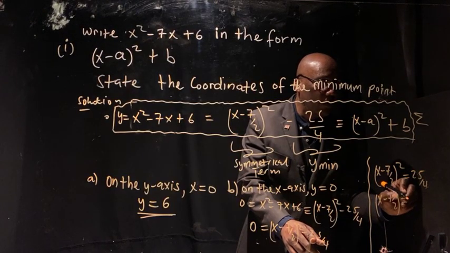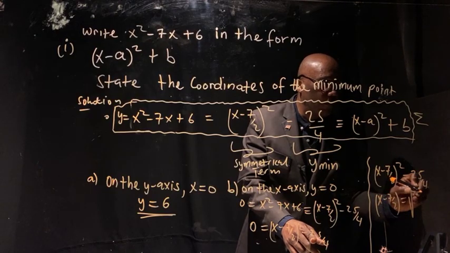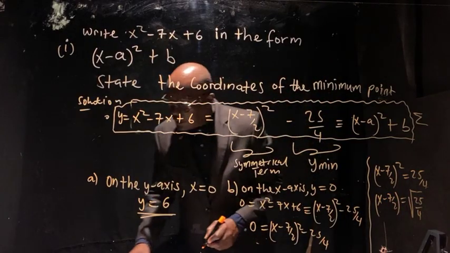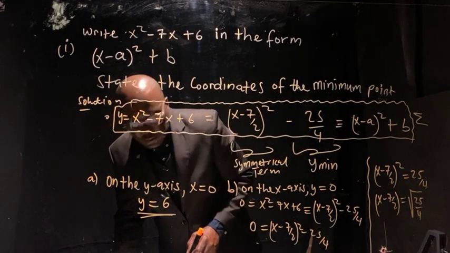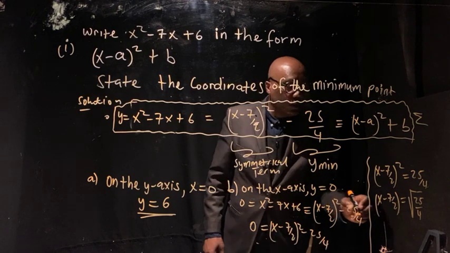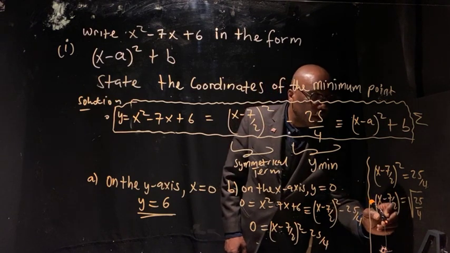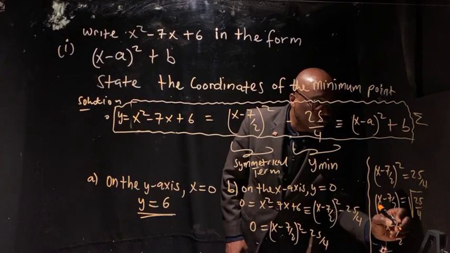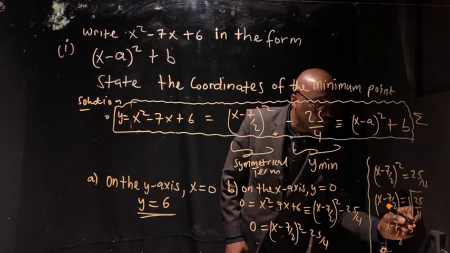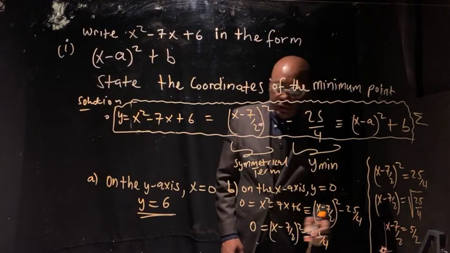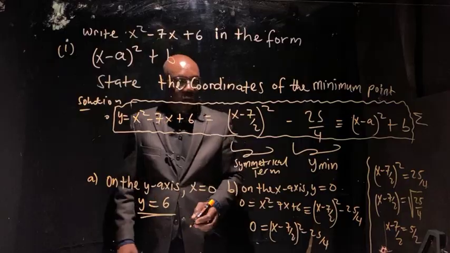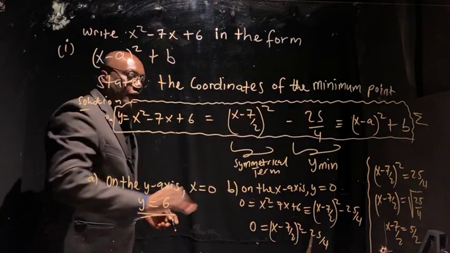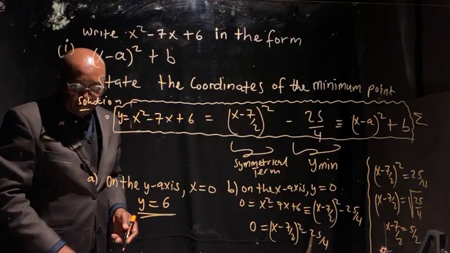So we have the root of 25 over 4. Is there a space there? Yes, there's a space there. So you can see that x minus 7 over 2 equals 5 over 2. Good. Take your time to copy, and then we'll pick it up from here again.